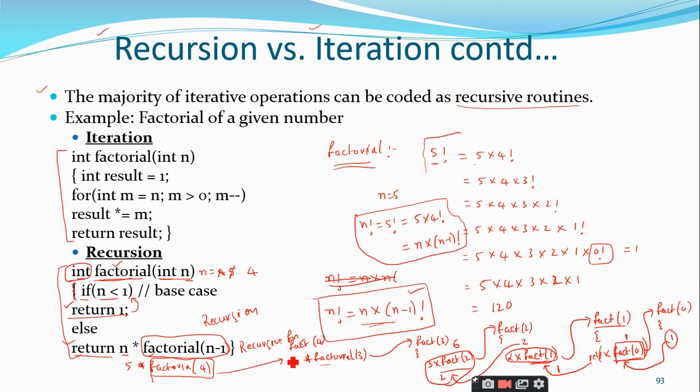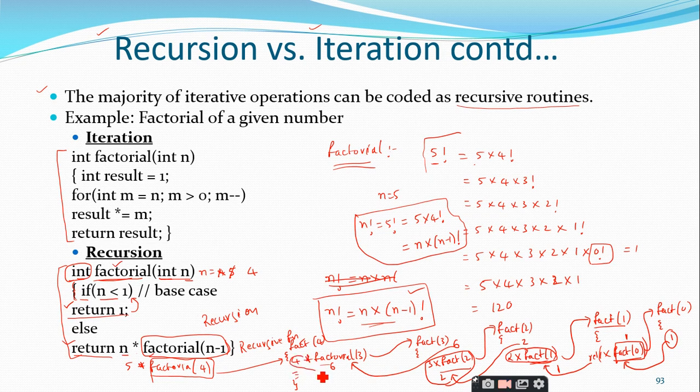So the factorial of 3 function is called by the factorial of 4. So the value 6 which is calculated here will be returned to factorial of 4 at this point. So it becomes 4 into 6.